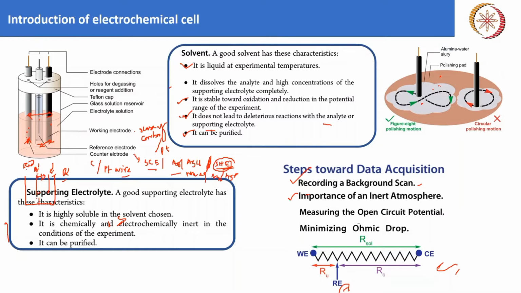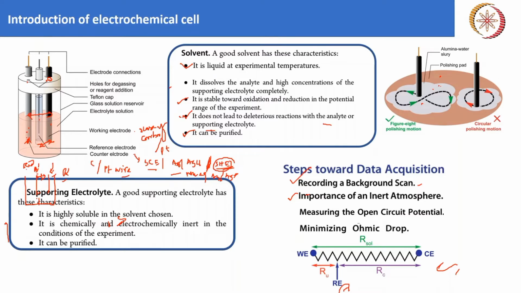To remove the other gases, you can purge your system with nitrogen gas or some inert gas, argon for example, so that the other gases are removed and you can do the experiment in an inert condition. In this system there are two holes, and from there you can purge your system with inert gas.